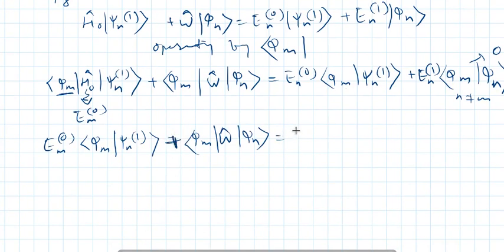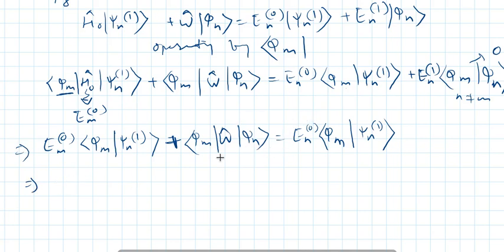Equal to En0 phi m psi n1, and this will become 0, and this makes it okay, En and this towards that side.